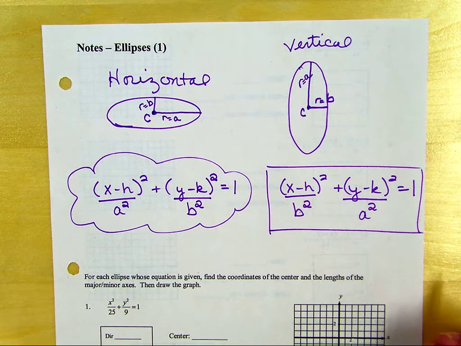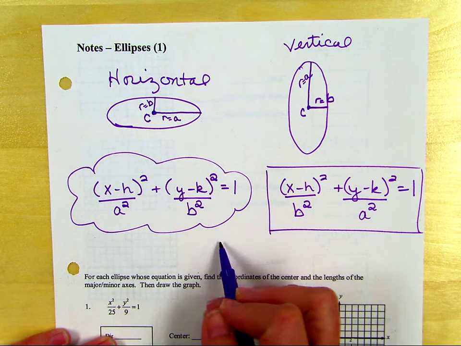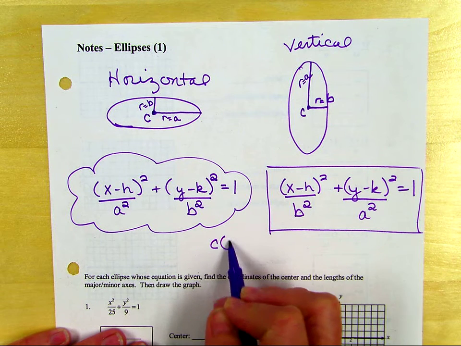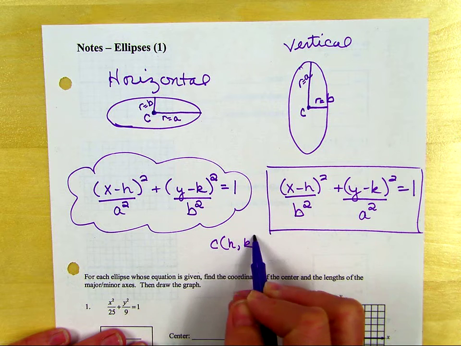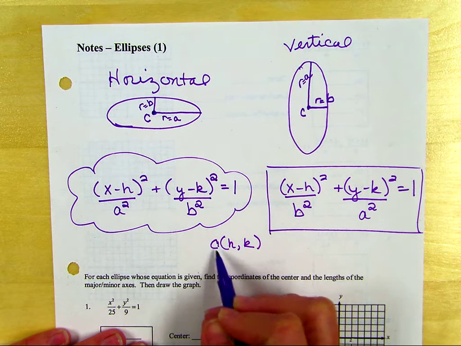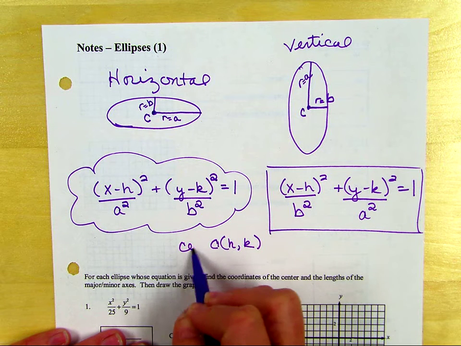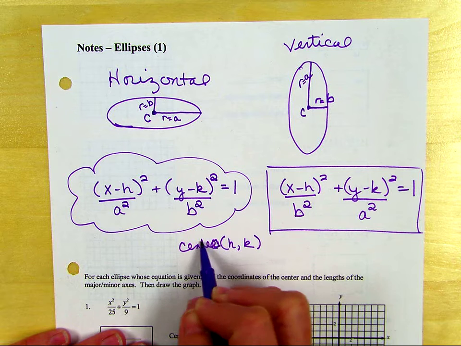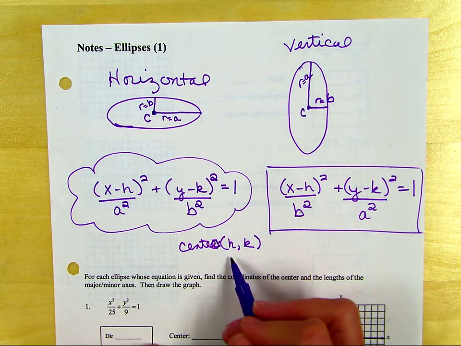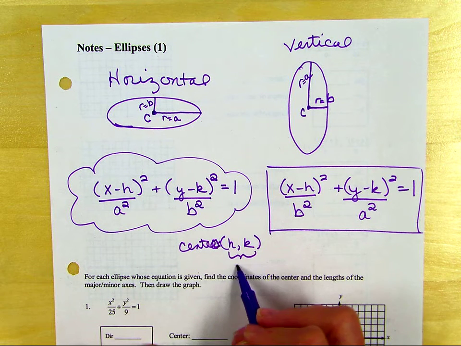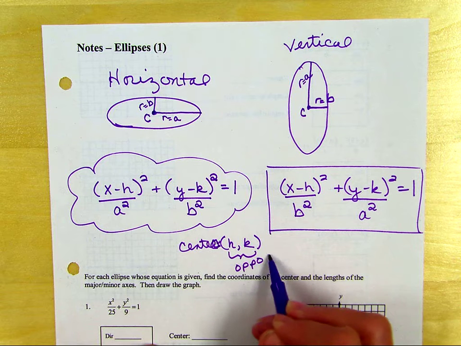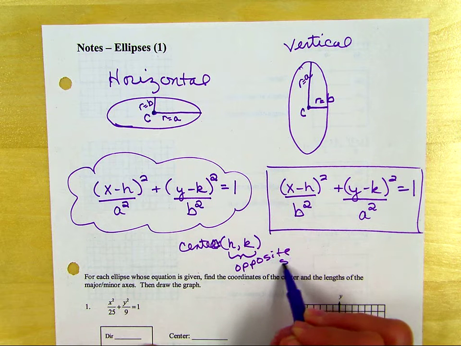Just like we saw before when we did circles, the center is (h, k). Since they're both inside parentheses, they are both the opposite sign.